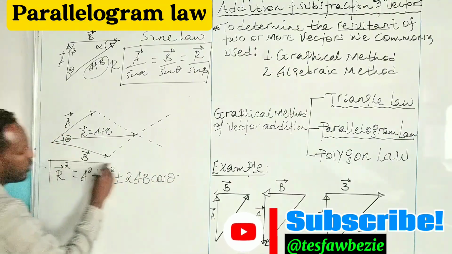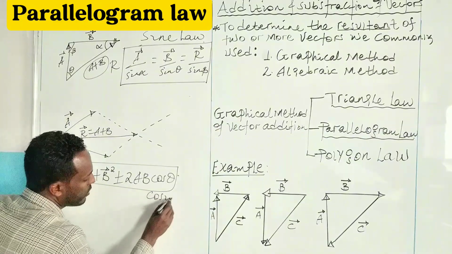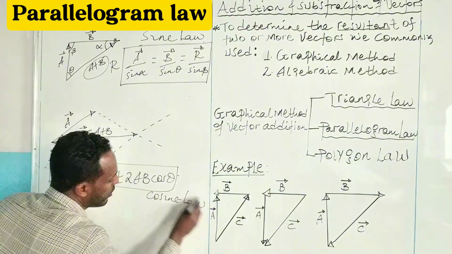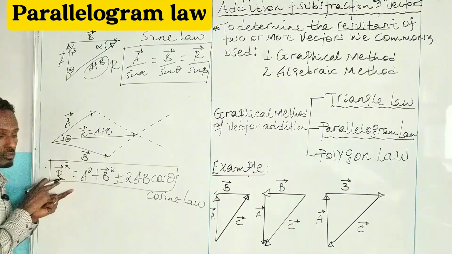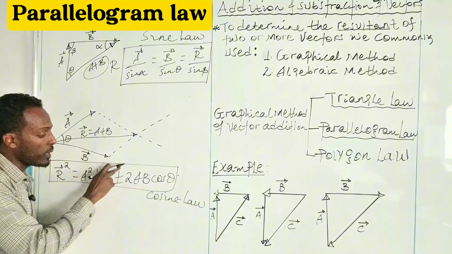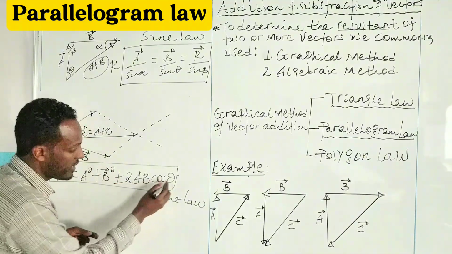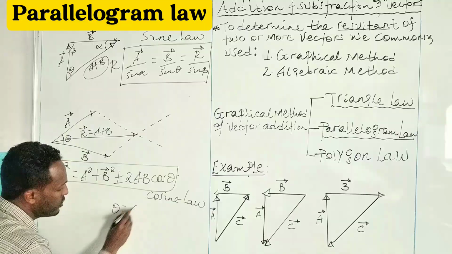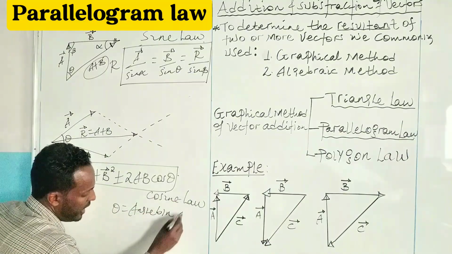So this is all about the cosine law. So R square is equal to A square plus B square plus or minus 2AB cos theta, where theta is the angle between the two vectors A and B.